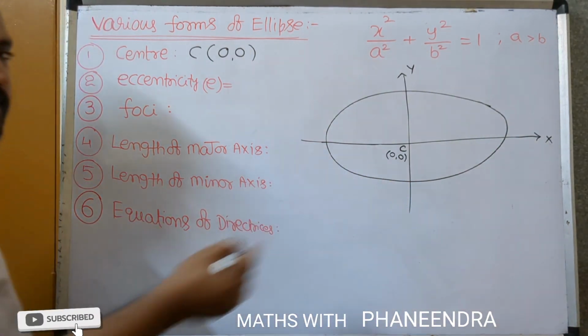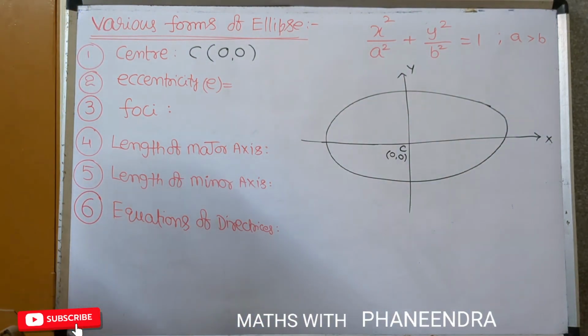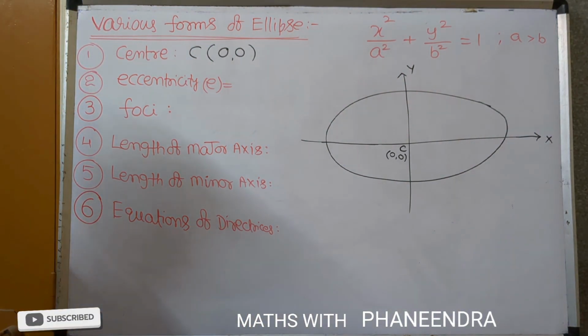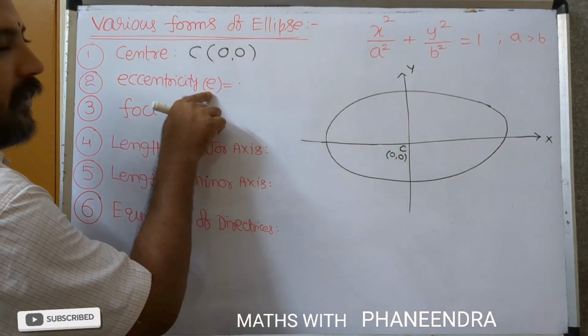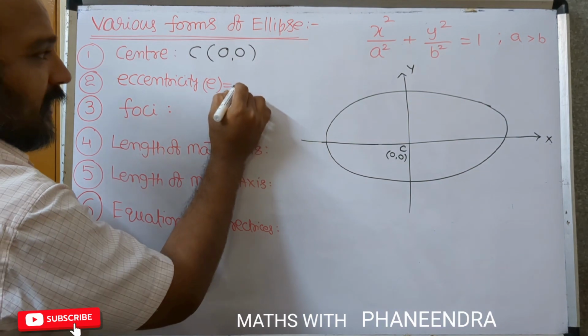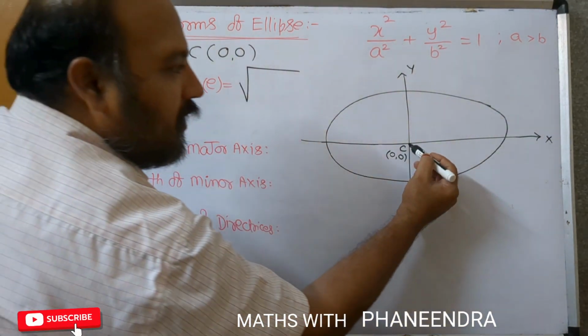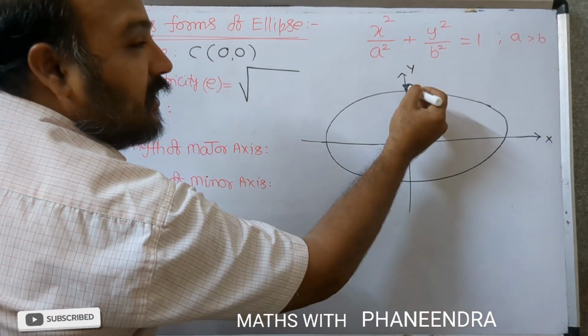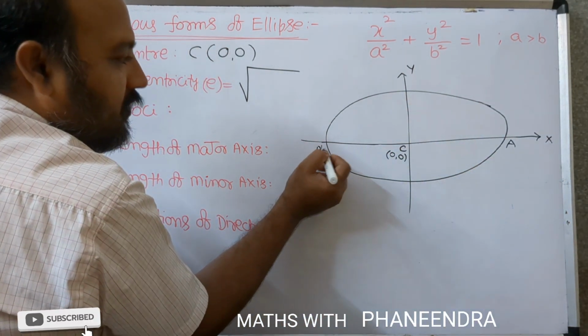In the last class we discussed the center, foci, and everything. Now, eccentricity, denoted by e. When a is greater than b, from here to here it is a, and from here to here it is b. This is A dash, B dash.